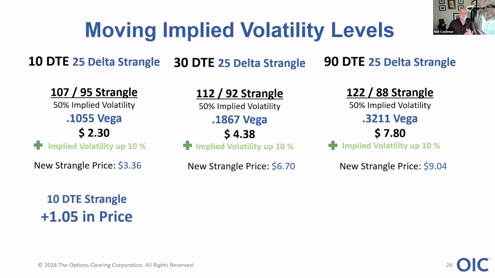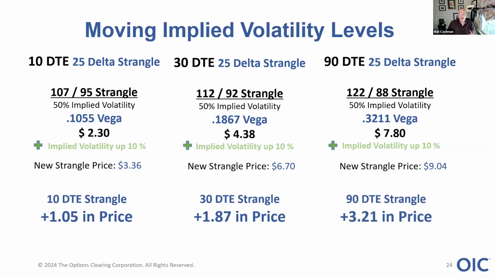That 10-day strangle moved a buck. The 30-day strangle moved almost twice that much, 187, and the 90-day strangle moved more than 3 times that amount, which is $3.21. In this case, a $7.80 strangle moved $3.21 in price.